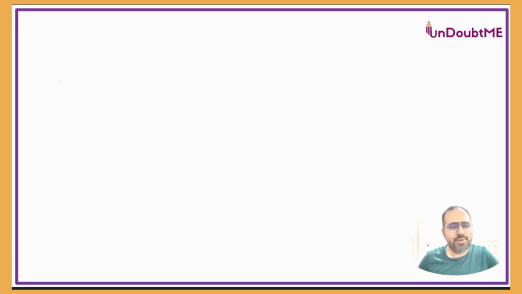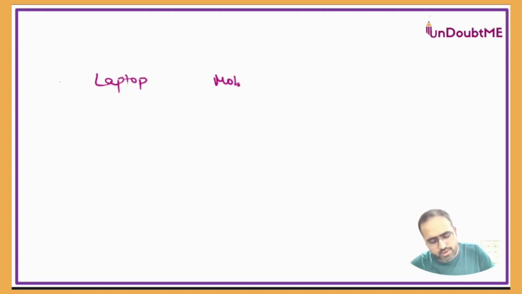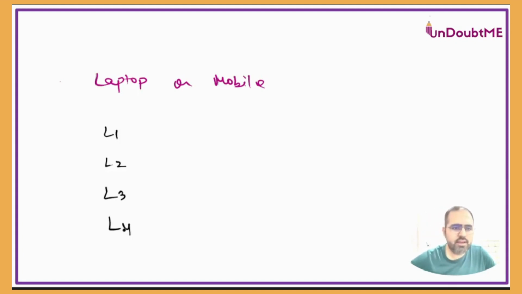So your mom has given you an option that you can take a laptop or a mobile. You can't take both. For laptops you already had 4 models in your mind, the 4 laptops out of which you will select whenever you buy a new one. And for mobile phones you have shortlisted 3 options.